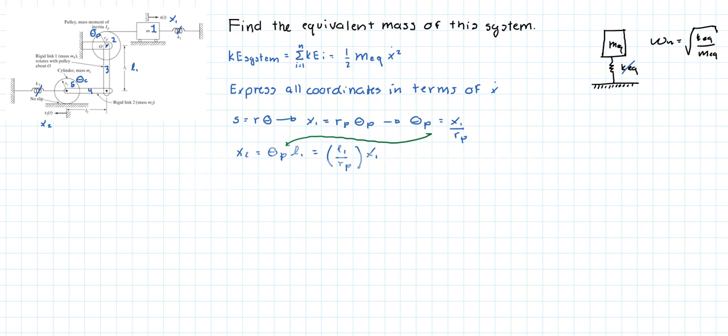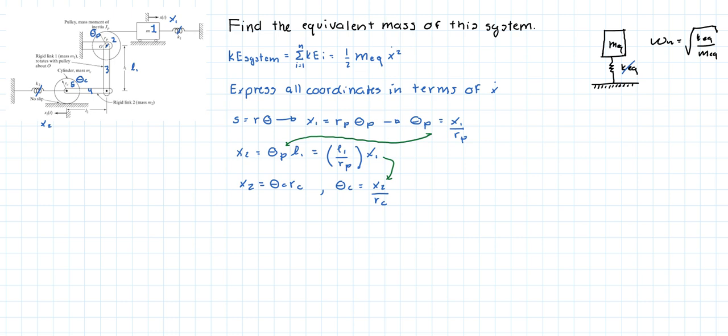What about theta c? Let's use the arc length formula again. x2 is equal to theta c rc. So theta c is equal to x2 over rc, and then we're going to substitute the expression that we found for x2 in here.